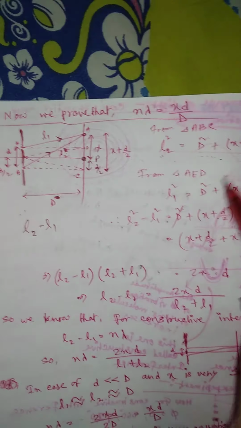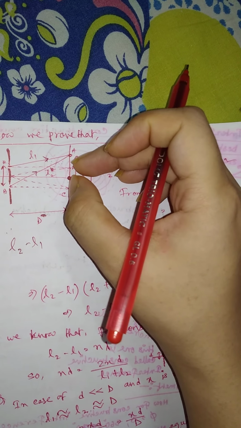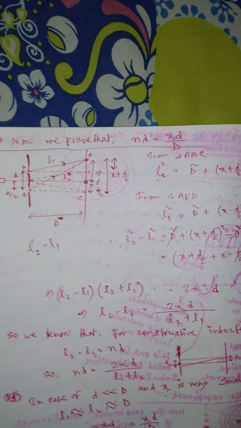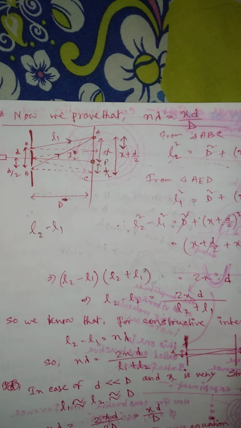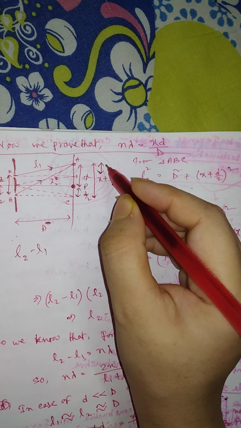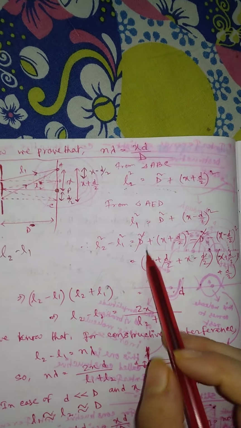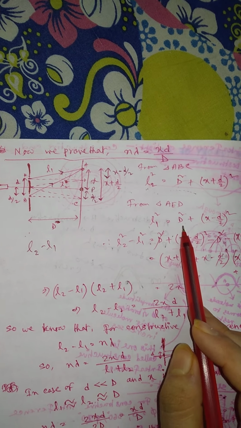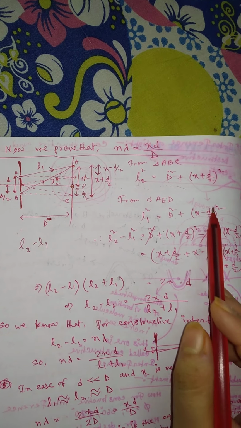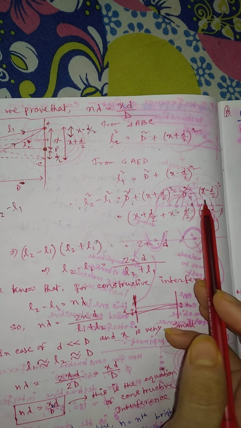Just look at here, AP equals x and DP equals again d by 2. That means AD equals x minus d by 2. Okay, so L1 square equals D square plus (x minus d by 2) whole square. Now L2 square minus L1 square equals this minus this one.